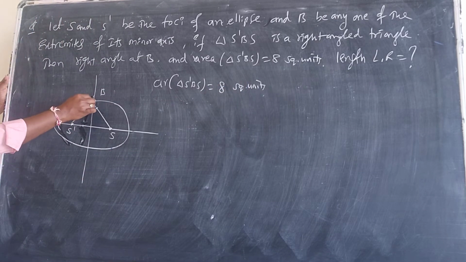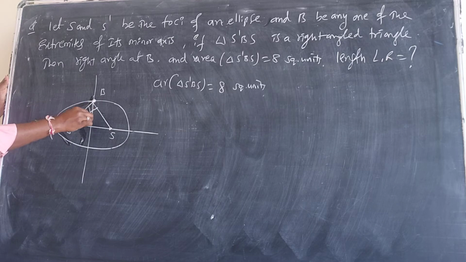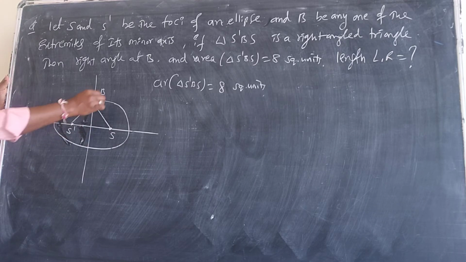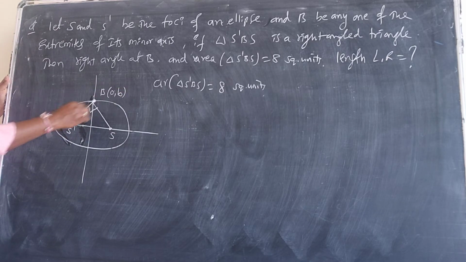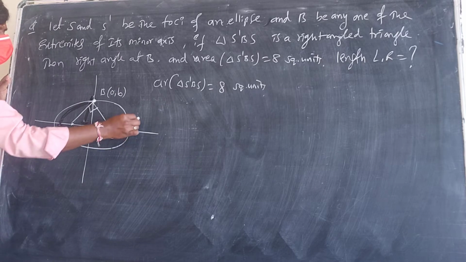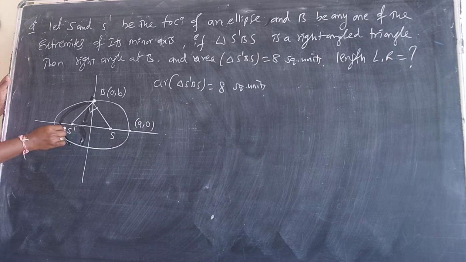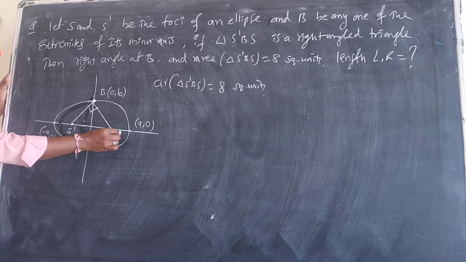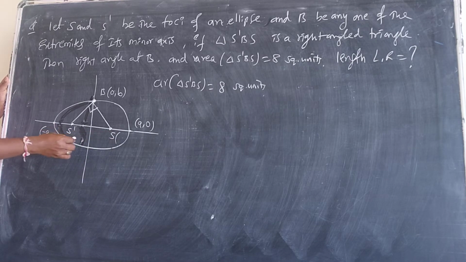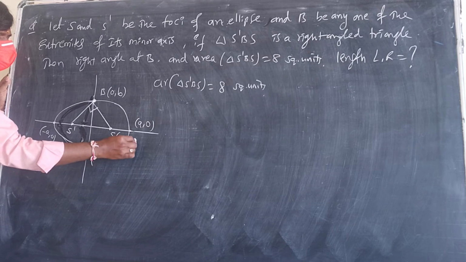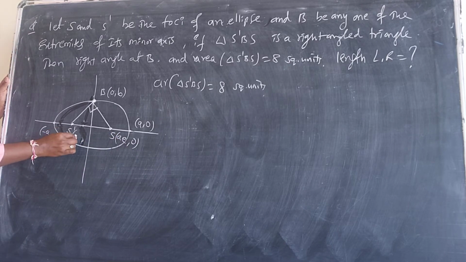Now here, how much is this length? Can anybody say? This is (0, b). This is (a, 0), and this is (minus a, 0). The focus is (ae, 0) here, and here it will be (minus ae, 0). All these things I explained already.